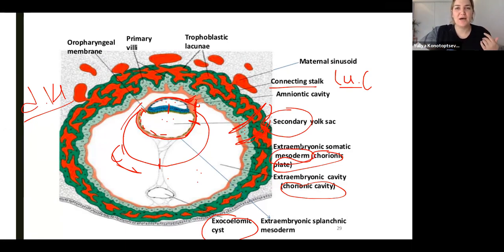Think about it this way: hypoblast is like a stem cell, and mesoderm is like a differentiated cell. So the main difference is that in Heuser's membrane, the cells are like adults, right? They're already differentiating to become something, while the hypoblast is still like a baby. Thank you. Welcome.